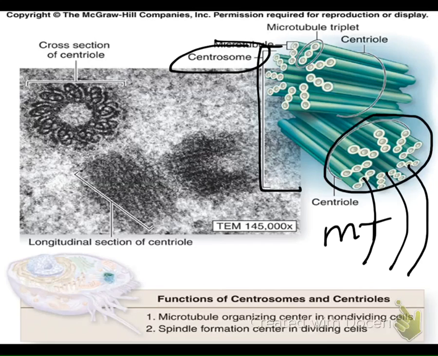So this is microtubules, that's what makes up centrioles, and microtubules are what emanate out from the centrioles to grab the chromosomes during mitosis. Very important. If a cell does not have centrioles, it cannot divide. If a cell does not have the ability to make mitotic spindles, there's no way the cell can divide and go through mitosis.